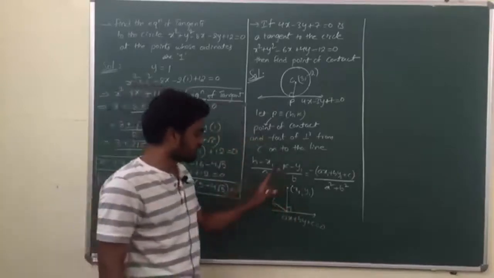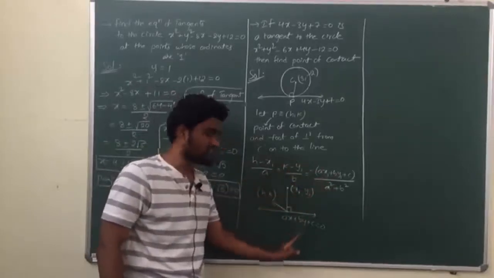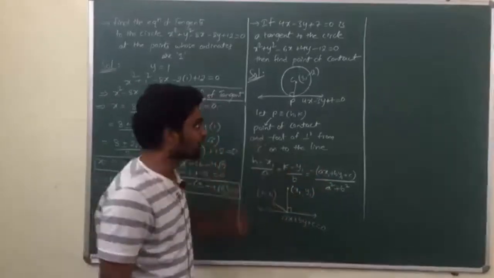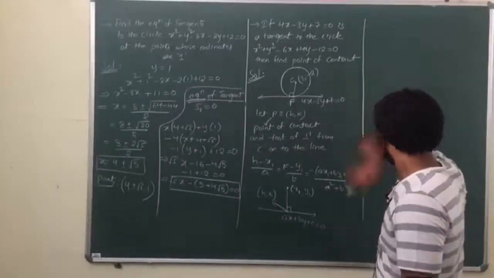So (h, k) is the foot of perpendicular of the point (x1, y1) on the line ax plus by plus c is equal to 0. Now, it's very simple.